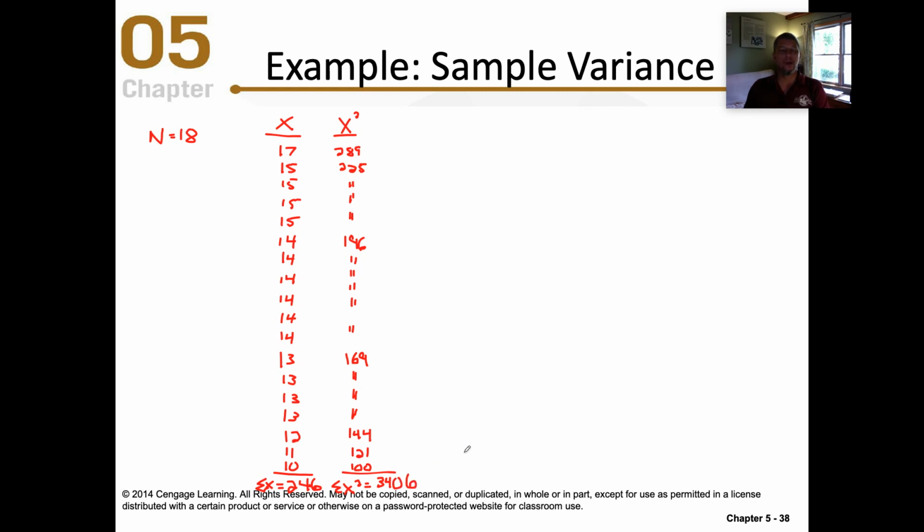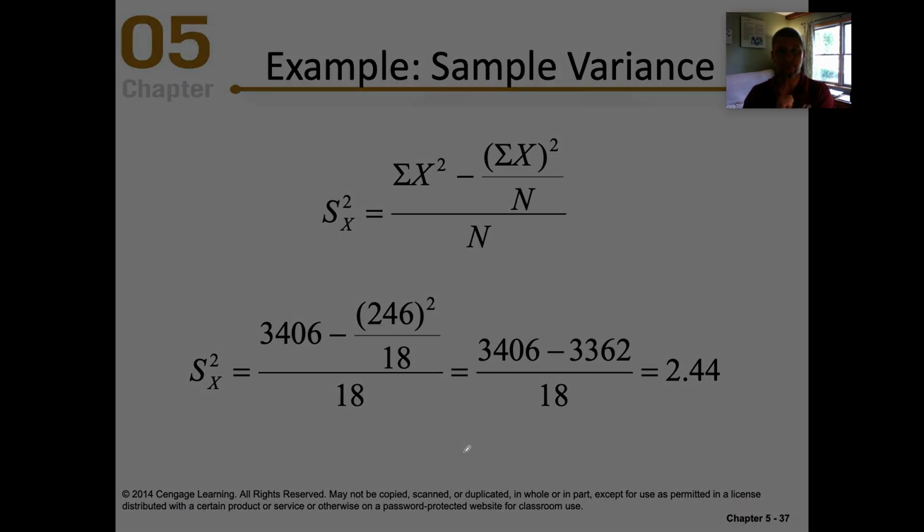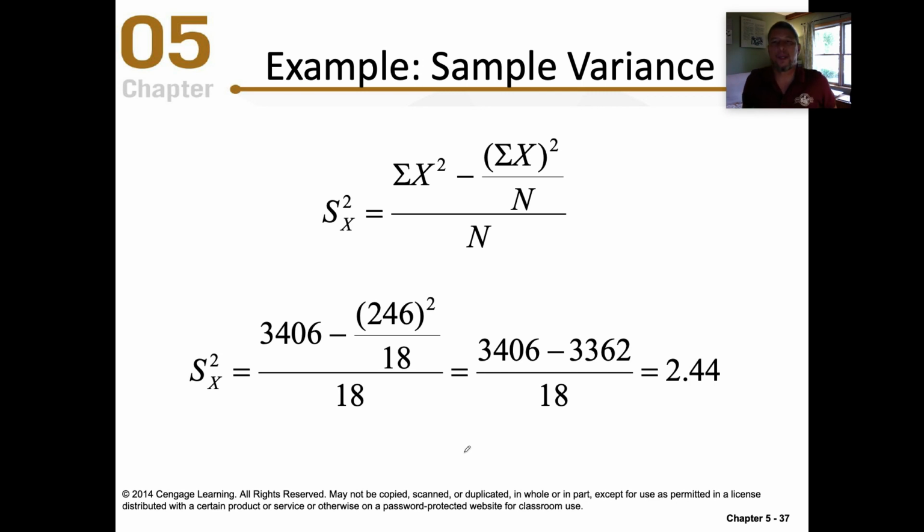Now, these two numbers, if you'll recall, are very important in the calculations of sample variance, sample standard deviation, estimated population variance, and estimated population standard deviation. So this is how we would calculate the sample variance.